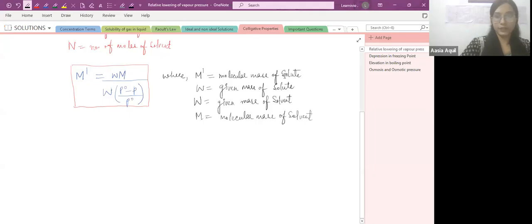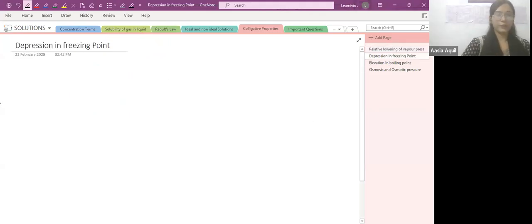Next is your depression in freezing point. So these colligative properties are just for a non-volatile one, right? When a non-volatile solute is added to a solvent, what happens? Anyone? What happens?